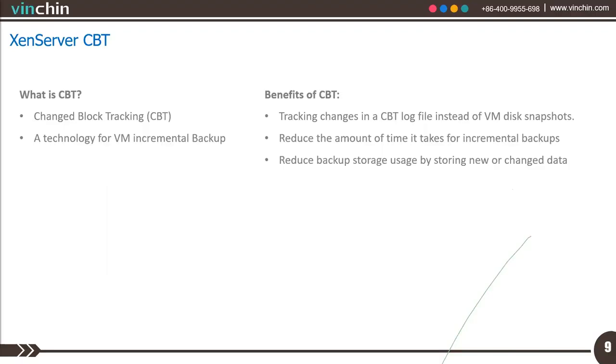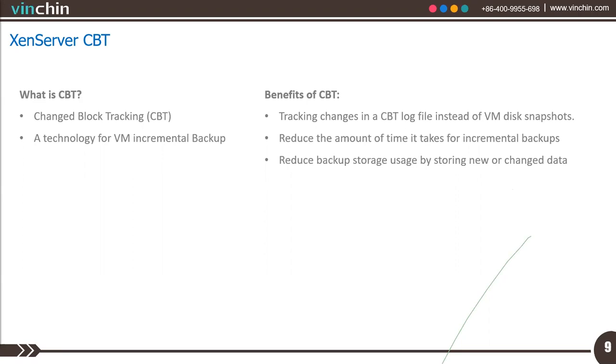By using CBT technology, it tracks the changes of a virtual machine from a CBT log file instead of comparing the last backup with the virtual machine's disk snapshots. This can rapidly locate the changes of the virtual machine since the last backup. So it can greatly reduce the amount of time for incremental backups.